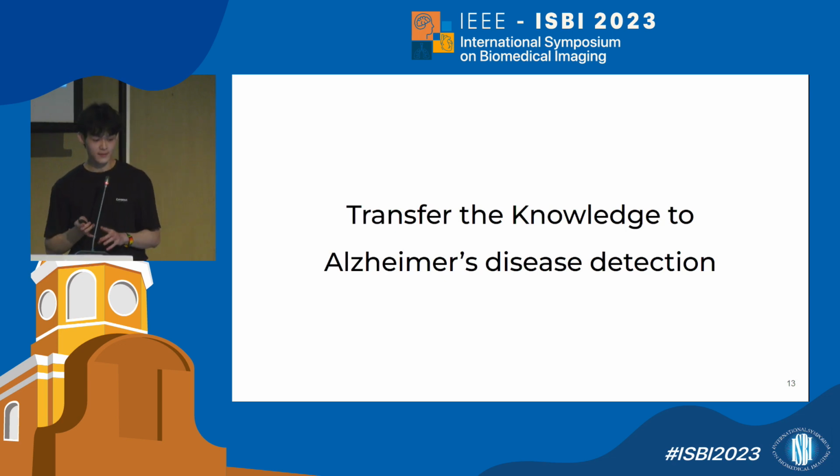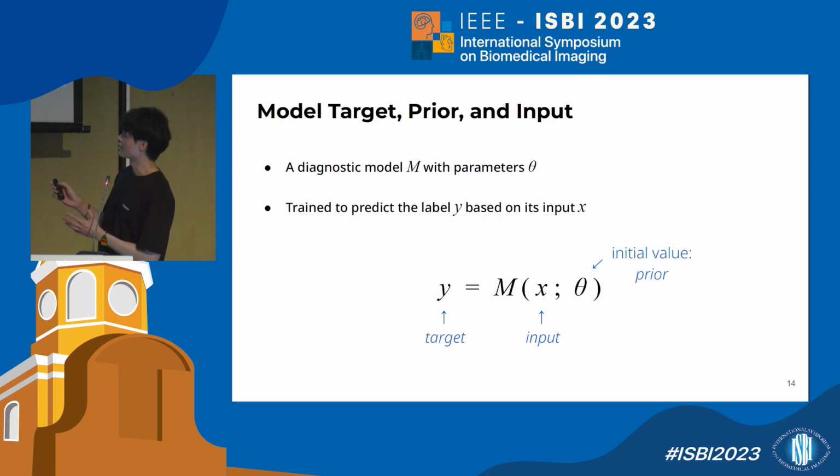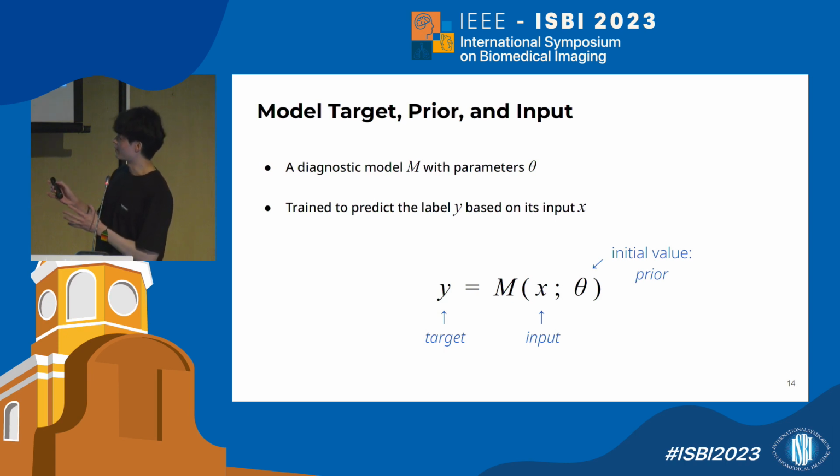So now let's dive into how we perform the knowledge transfer. When training a diagnostic model, the model M predicts the label Y based on the input X and updates its parameter theta. Here, the label Y is the target of the task, and the initial value of the parameter theta can be considered as the prior of the model.